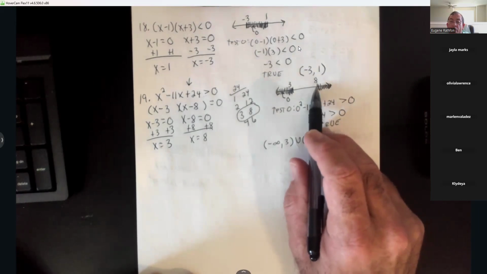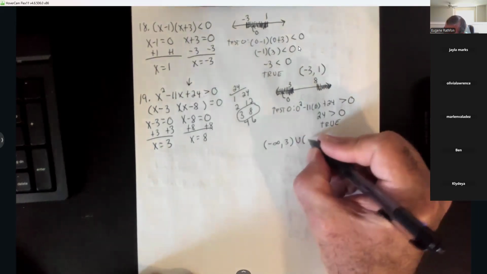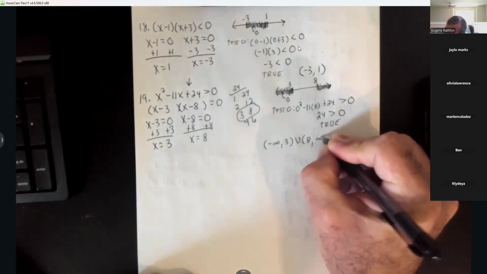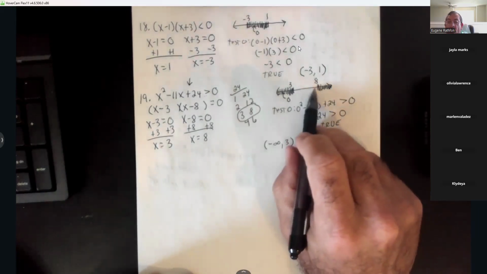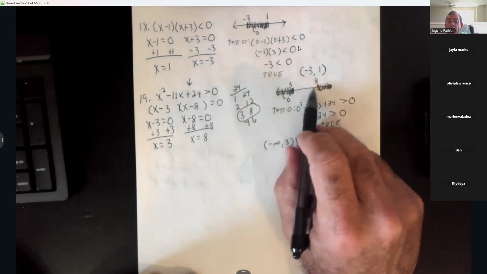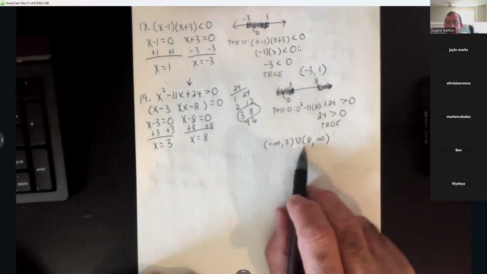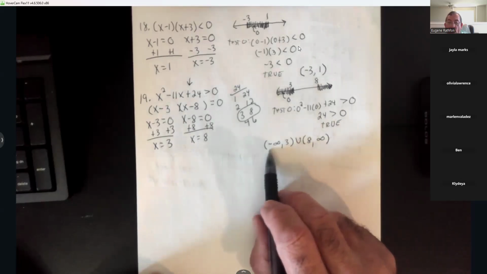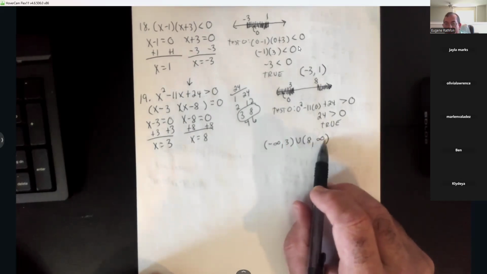And then it's going to union from 8 to positive infinity. Remember, it's going to be false for this. So from 3 to 8, we cannot include 3 to 8 in the interval. It's got to be everything before 3 and everything after 8, okay?